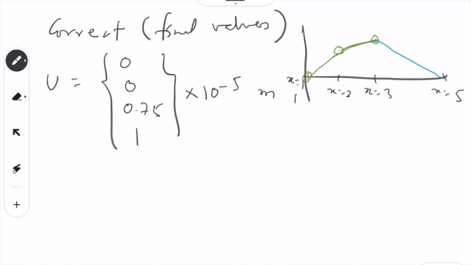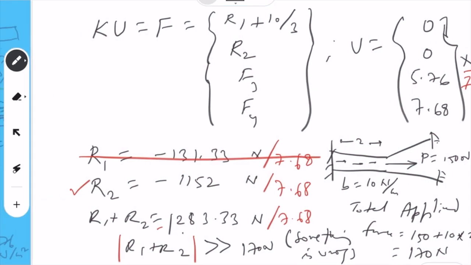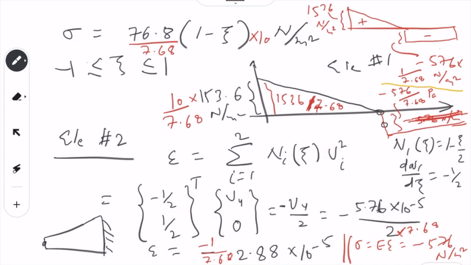So sigma is this one in the first element. So this is 76.8 divided by 7.68, so this is 10, this is 10 multiplied by 1 minus 10 here and then 10 here, so 100 multiplied by 1 minus xi is sigma.